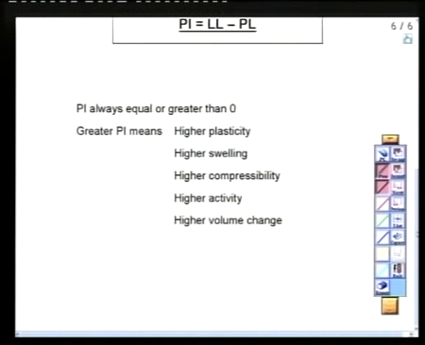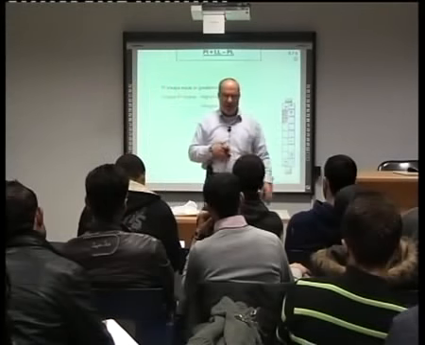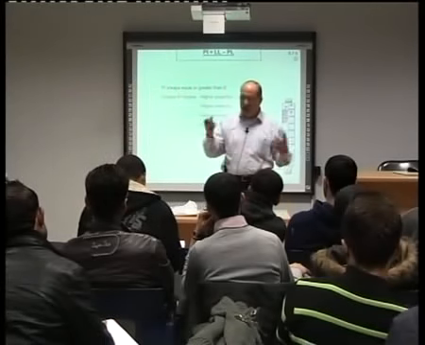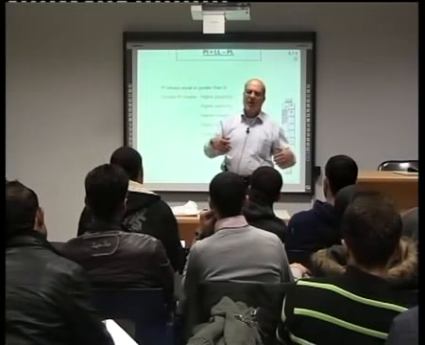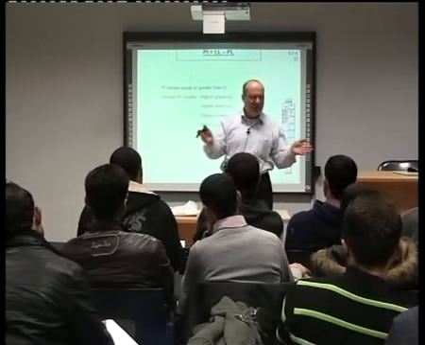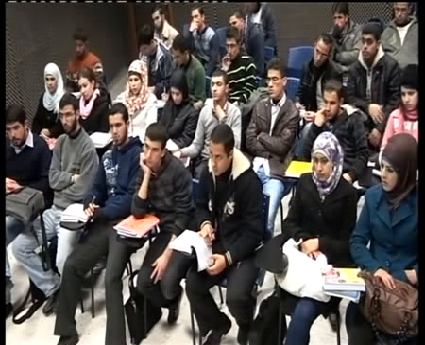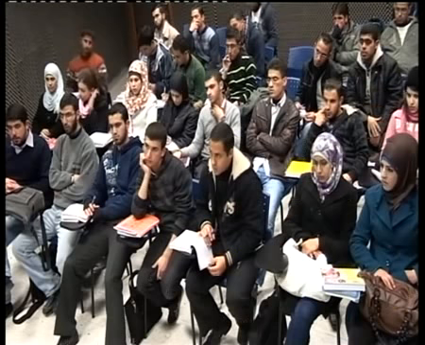This is point 1. Now, do we prefer to deal with greater PI or smaller PI? In our case, we want to have a structure somewhere. Do we like a soil with greater PI or smaller PI? Of course, smaller PI.